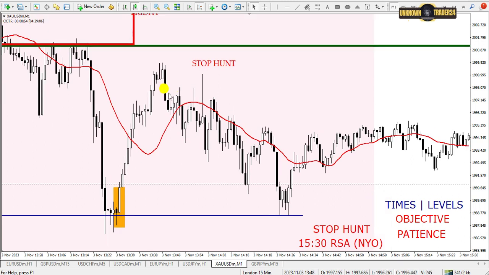Understanding that 15:30 is more likely to throw a stop hunt, you know that most of the time 15:30 will give a stop hunt. You don't chase 15:30. This is why I was able to take this candle over here, and I posted it in the community.